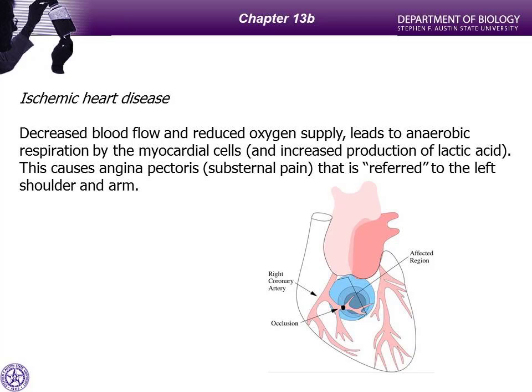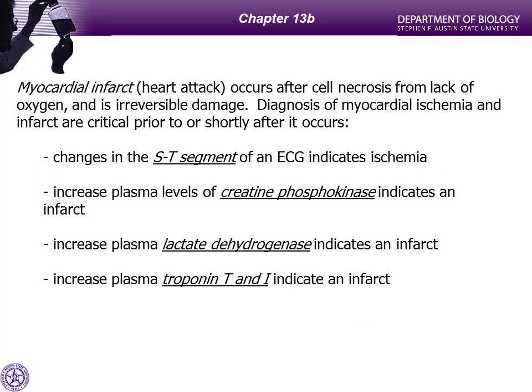Now with the myocardial infarct, we already said if you have a change in that ST segment, that indicates that you have had a heart attack and you've got some tissue damage in the heart. But you can also do blood testing that's building a case for a heart attack. If you see creatine phosphokinase in the bloodstream, why would you think that's odd?